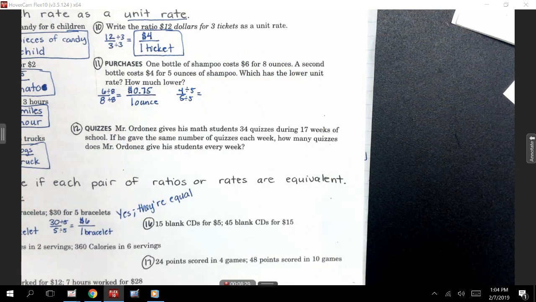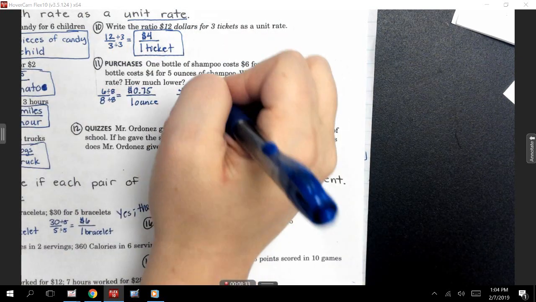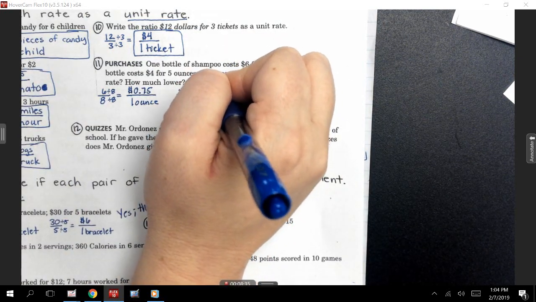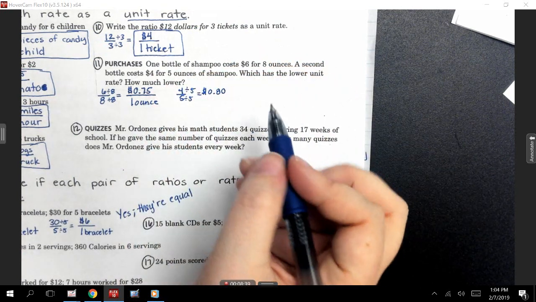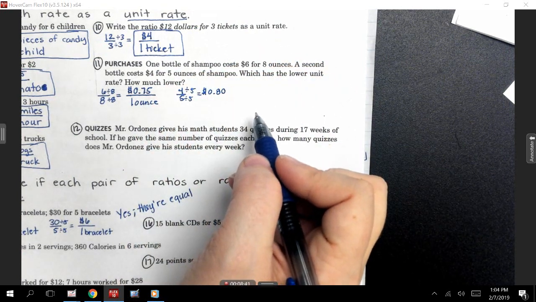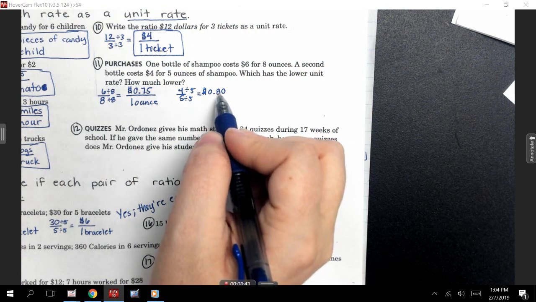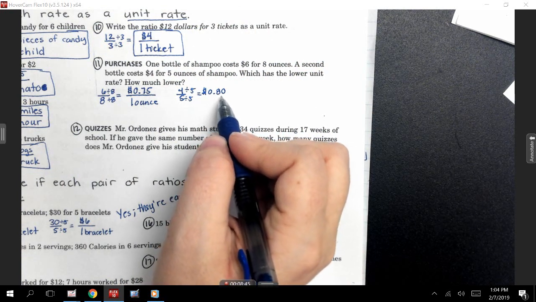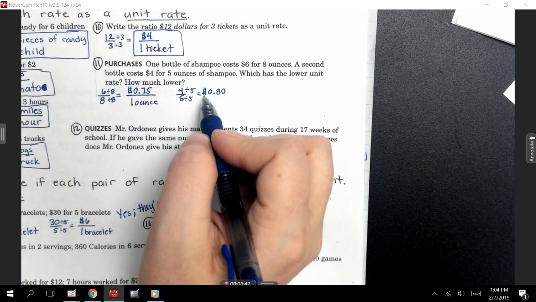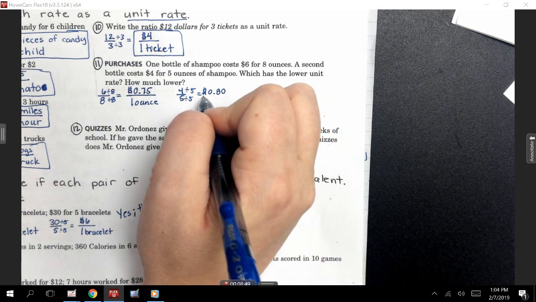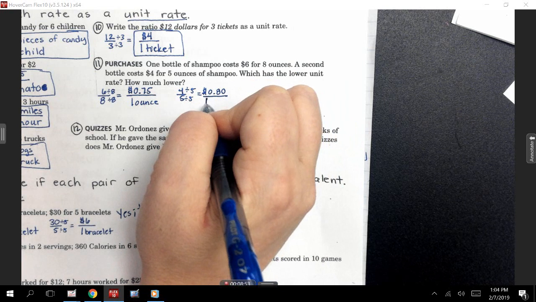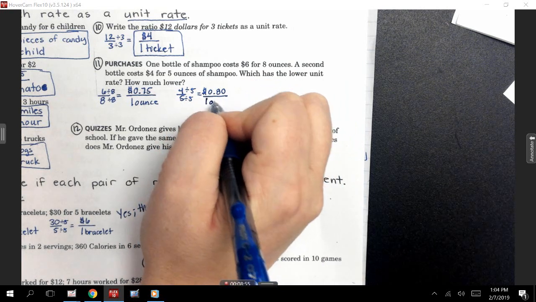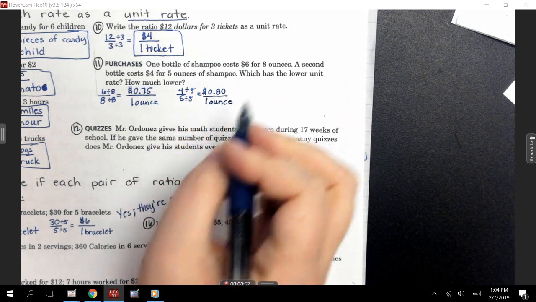What do I get for that? 0.80. Omar, why did you add the 0 there? Because there has to be 2 numbers behind the decimal. We have to have 2 numbers behind the decimal if it's talking about money, okay? And we have our $ sign because I wrote it in. What's going to go on the bottom? 1 ounce. Awesome.